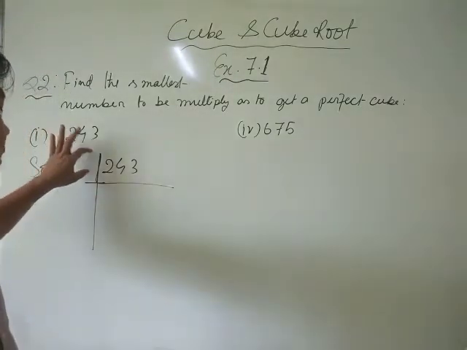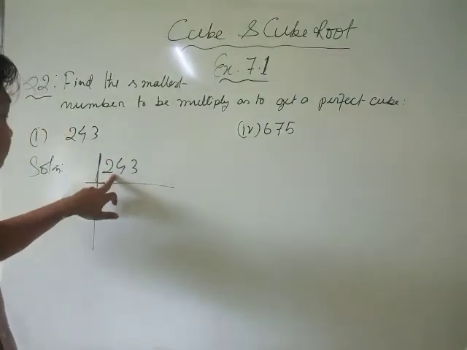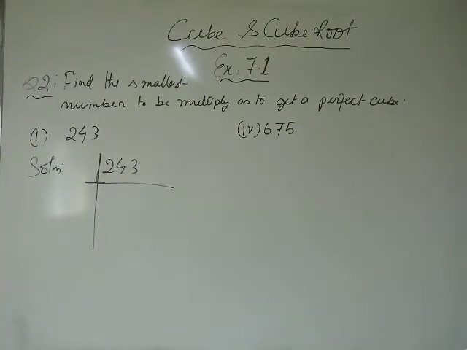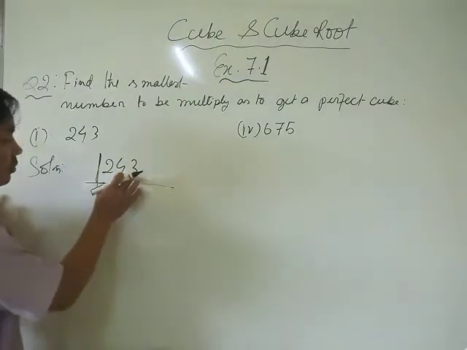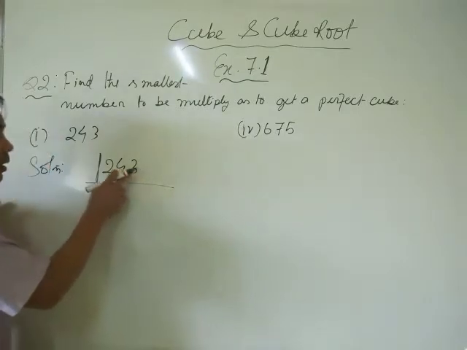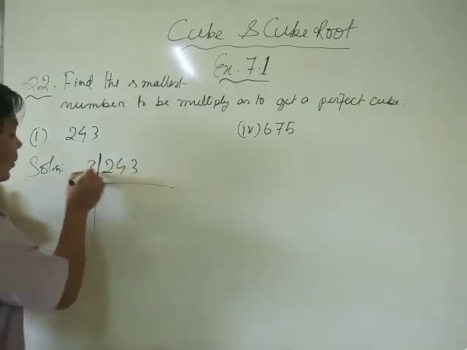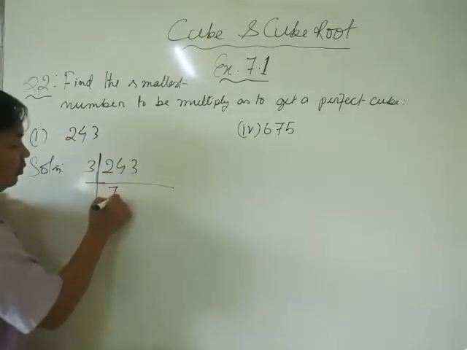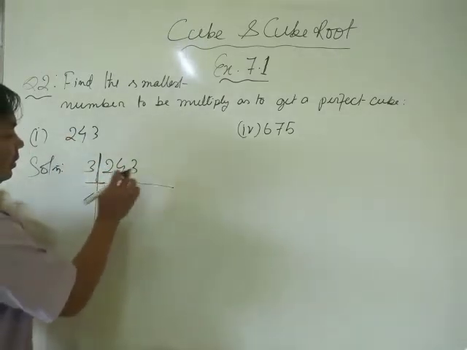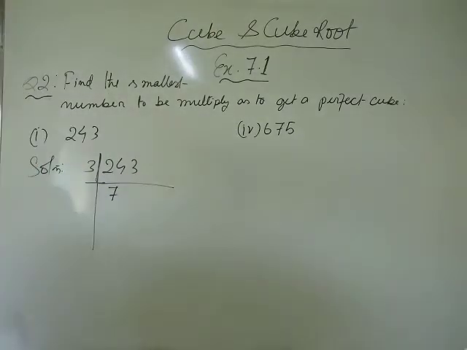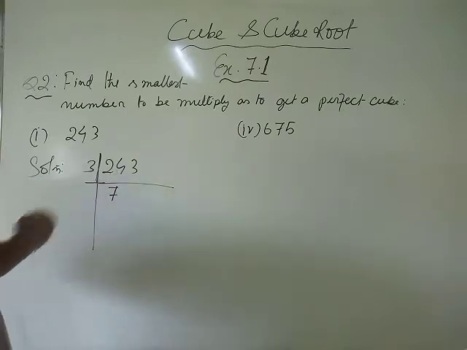Now 7, let us see whether 7 can be or not. 7 also cannot. So once again, 3 can be, never mind. 3 sevens is 21. Then 21, then we got here 3.